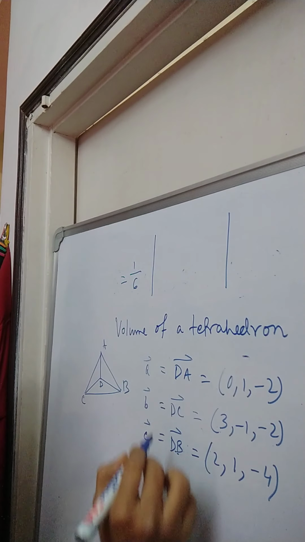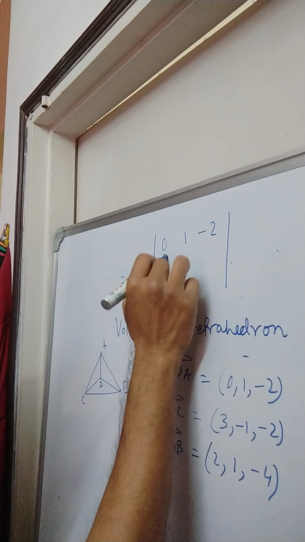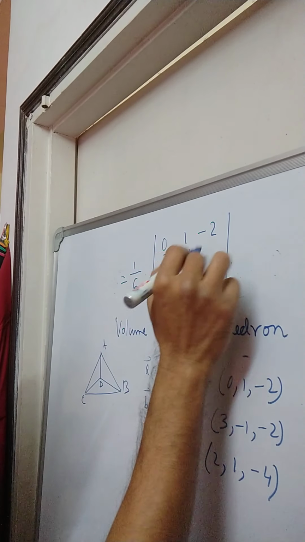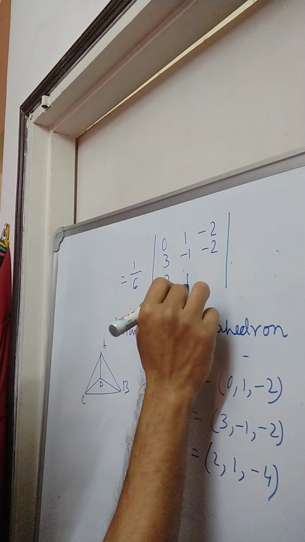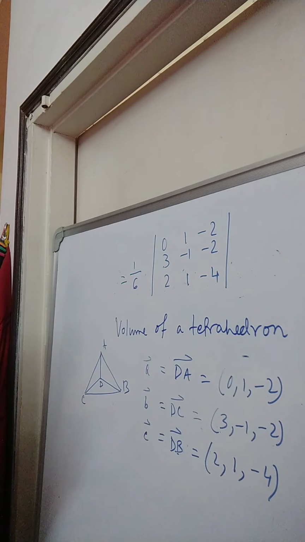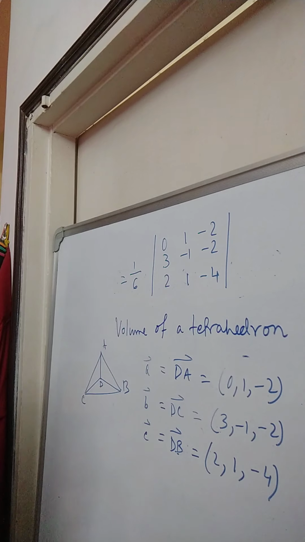The box product is the determinant with rows (0, 1, -2), (3, -1, -2) and (2, 1, -4). So, it is very easy to calculate this determinant, and that will give the volume of a tetrahedron.